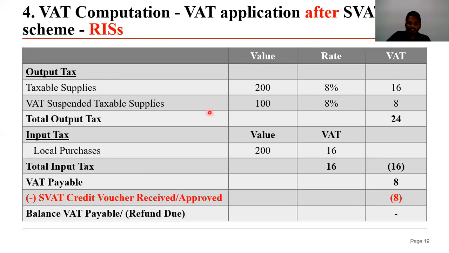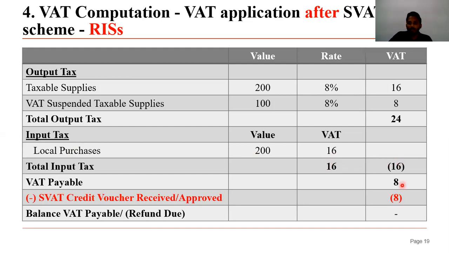For the VAT suspended taxable supply, let's say 100, the VAT amount is 8 million, so altogether 24 million. Then they have local purchases under normal VAT terms and they are eligible to claim that.